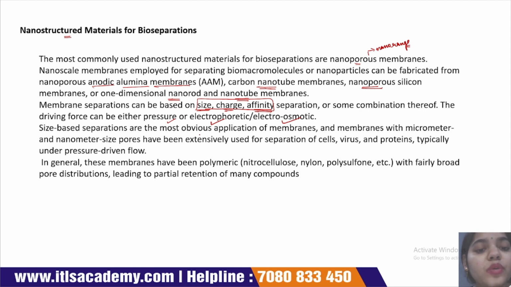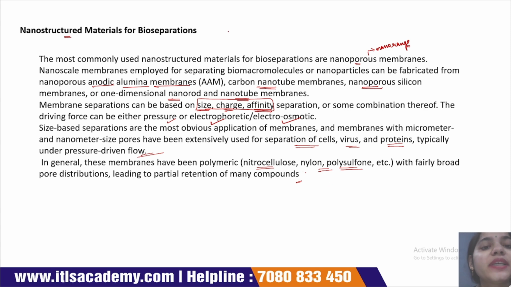Size-based separation is the most obvious application of membranes, with micrometer and nanometer size pores. They have been extensively used for separation of cells, viruses, and proteins, typically under pressure driven flow. In general, these membranes have been polymeric, such as nitrocellulose, nylon, polysulfone, etc., with a fairly broad pore size distribution leading to partial retention of many compounds.